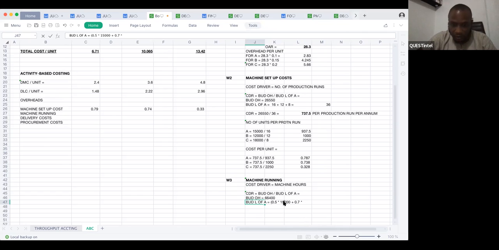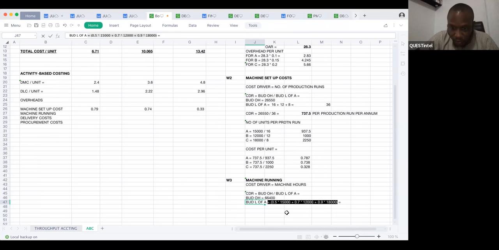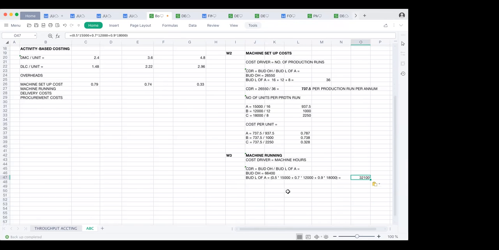So 15,000 times 12,000 plus 0.9 times 18,000. Okay. So we can copy this. We could have just done this directly now. The figure is not that messy.